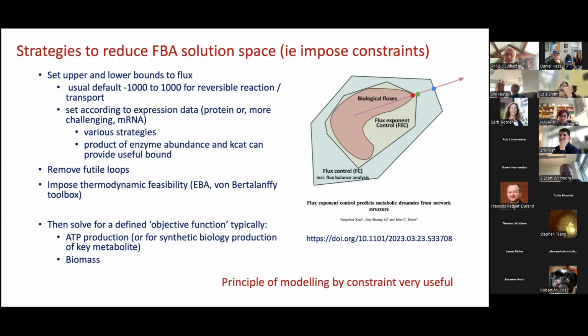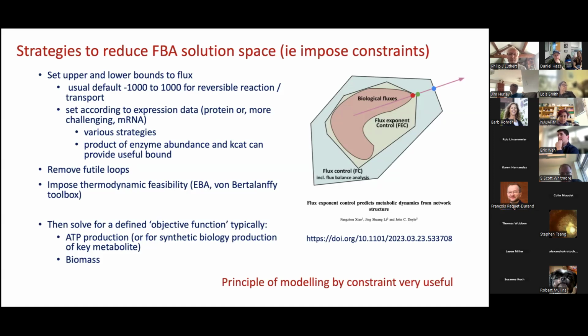And the arrow is showing how the solver, if you like, pushes towards an optimal solution, which in flux balance analysis in this instance would exceed what's actually happening in biology. And with further refinements, we can get closer to the biology.